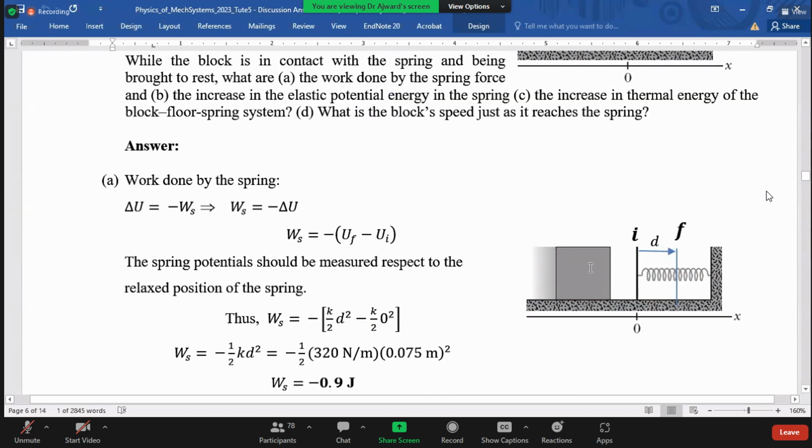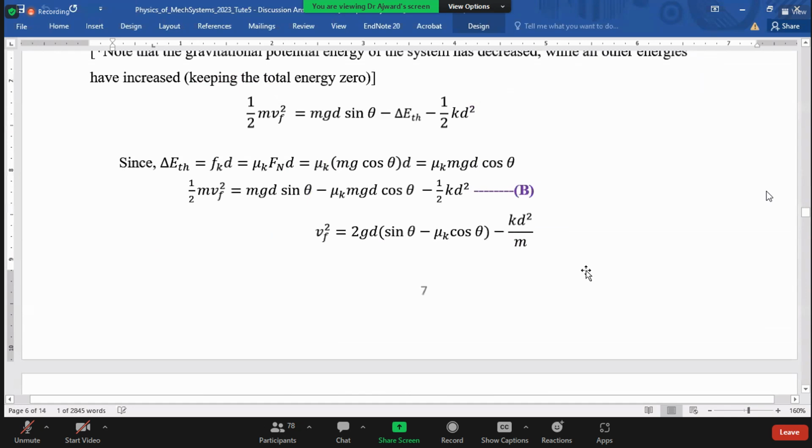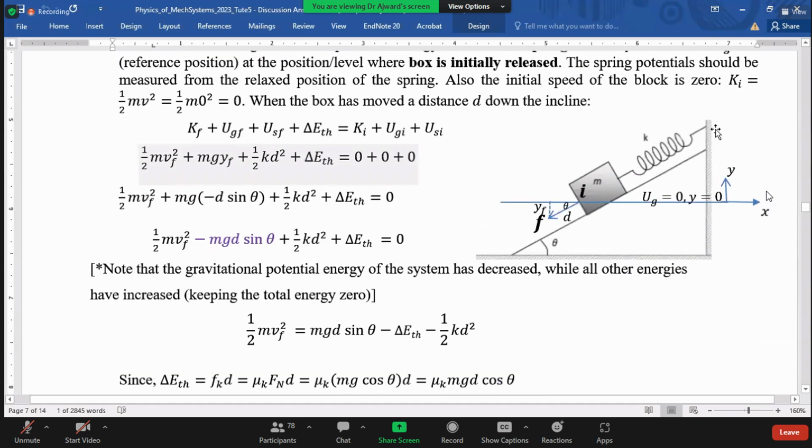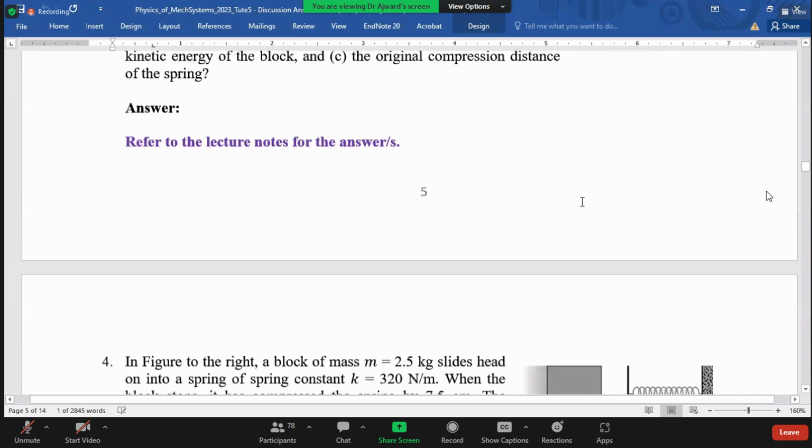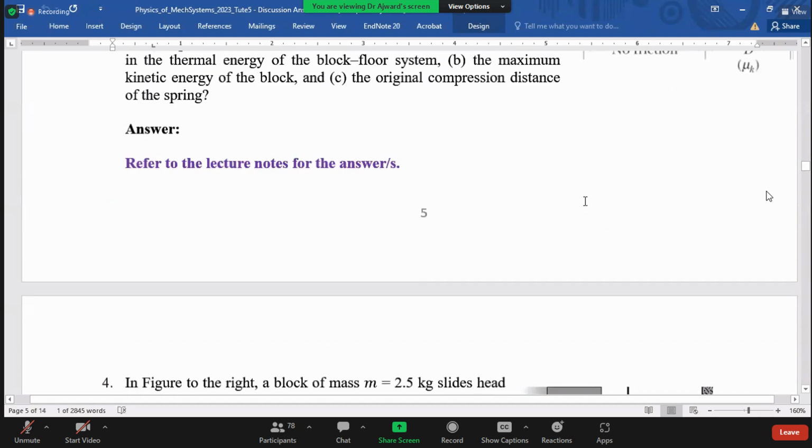The energy doesn't change because the level is the same, right? But in these problems, the level changes, the level of the block, thus changing the gravitational potential. Okay, I think I will stop for now.